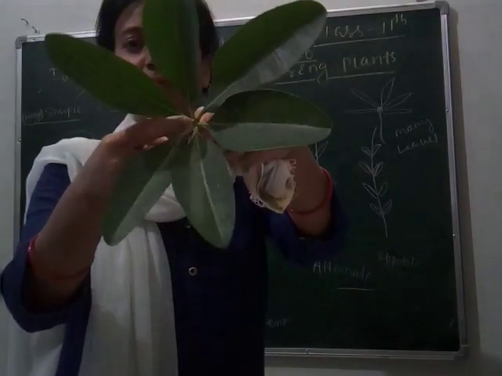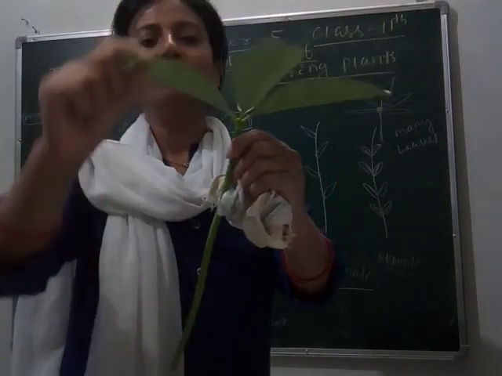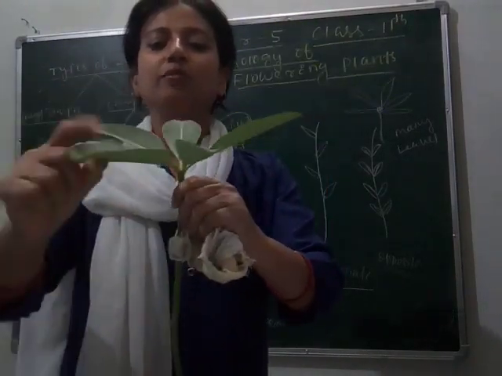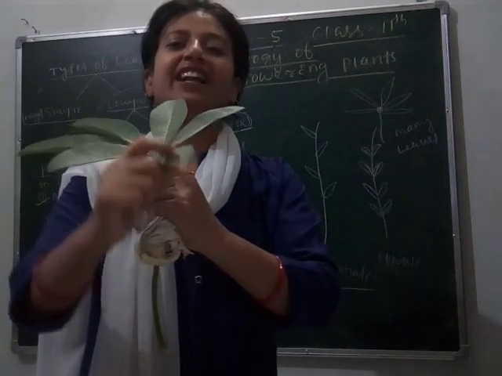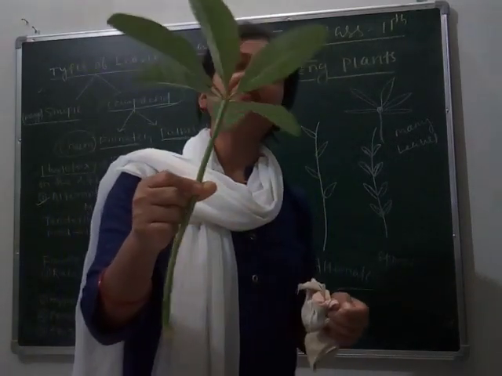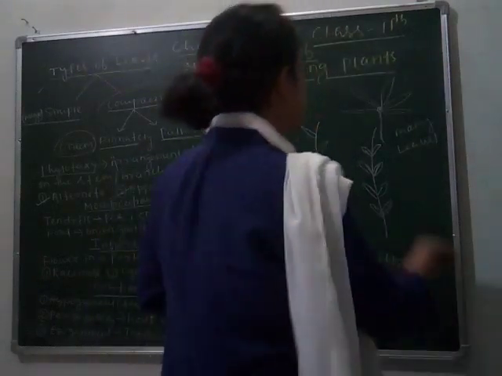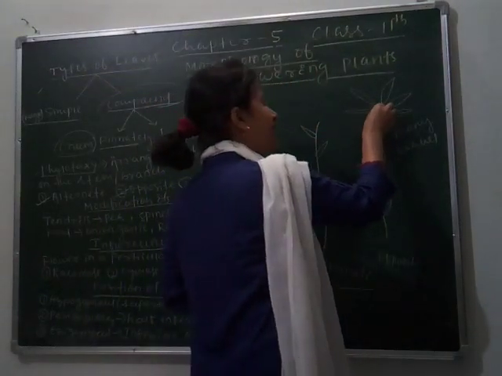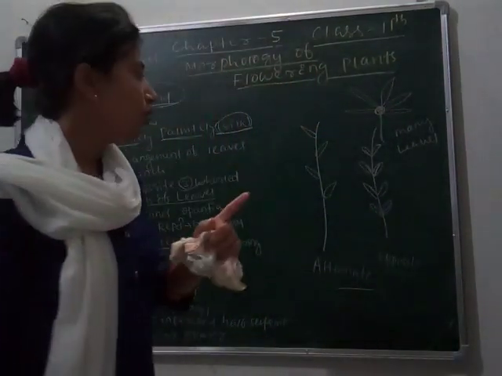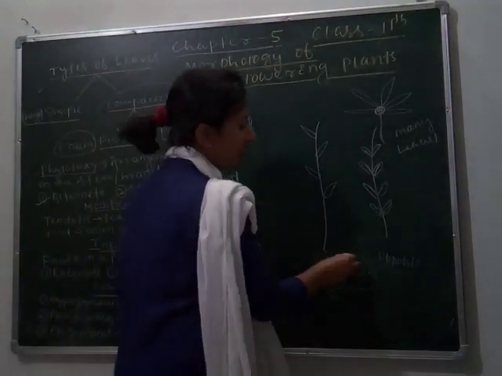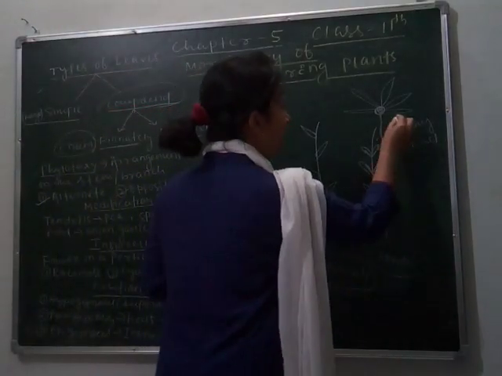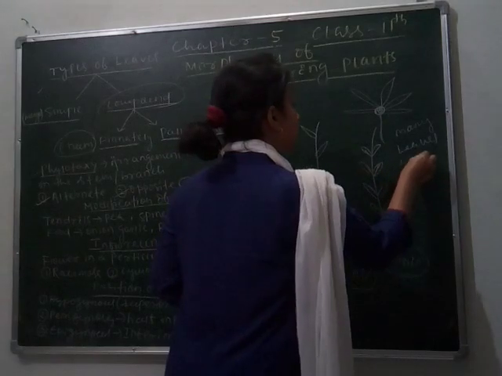Here is the common point and many leaves: 1, 2, 3, 4, 5 and 6. From one point many leaves arise, here 6 leaves. This type of phyllotaxy is called whorl. So this is alternate, this is opposite, and this one is whorl.